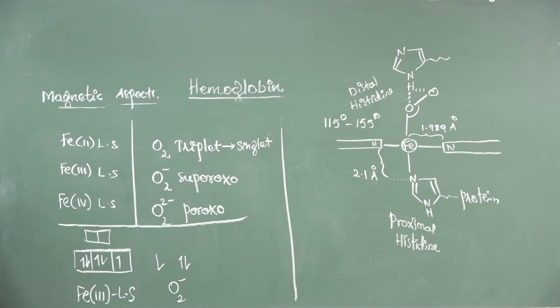Next, for iron 3 low spin, the combination is, write 5 electrons, put 1 up spin, superoxo, put 1 down spin, make them close so that you can experience a strong antiferromagnetic coupling.